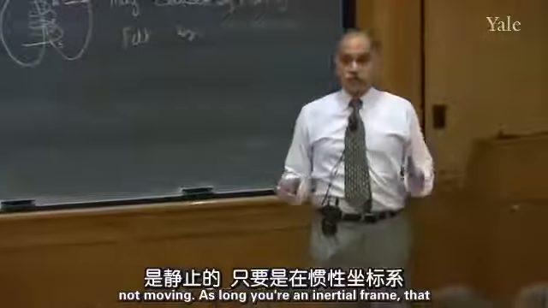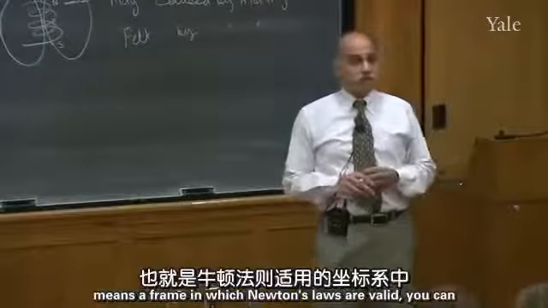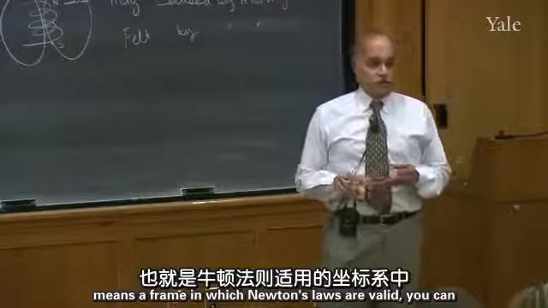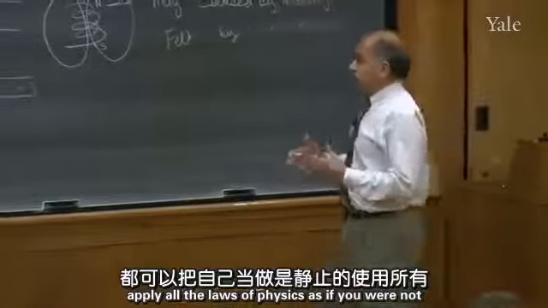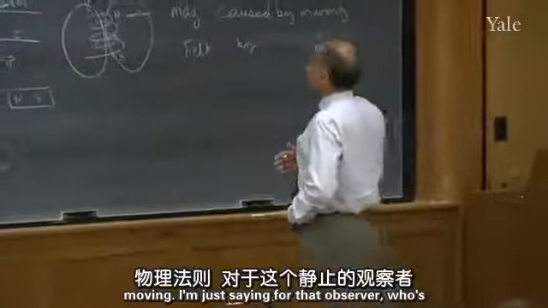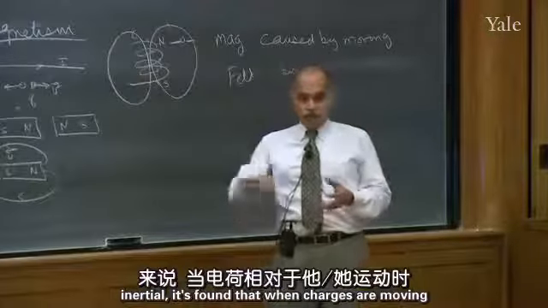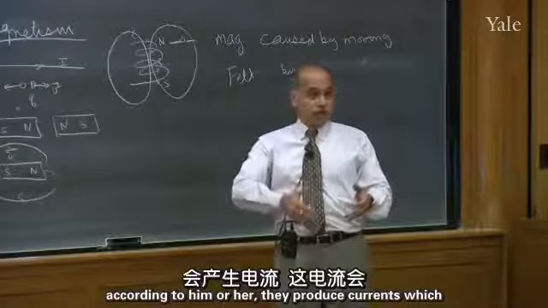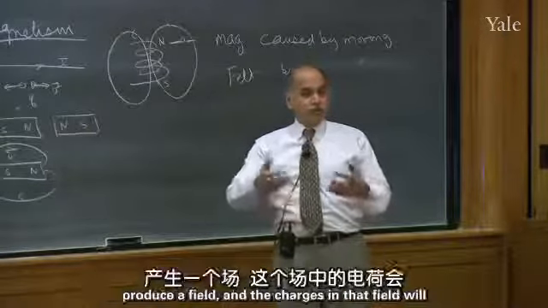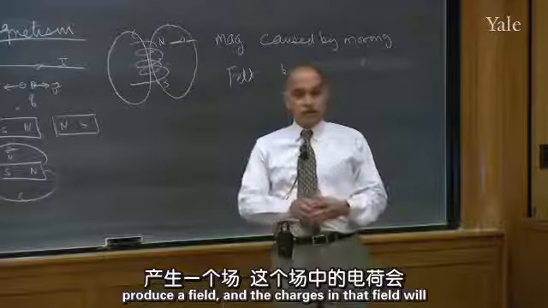As long as you're in an inertial frame, that means a frame in which Newton's laws are valid, you can apply all the laws of physics as if you were not moving. I'm just saying for that observer who is inertial, it is found that when charges are moving according to him or her, they produce currents which produce a field, and the charges in that field also respond.